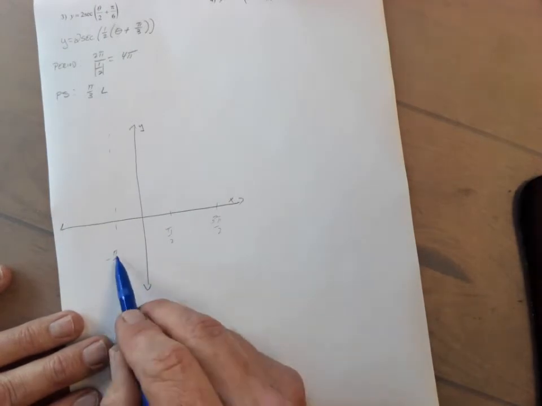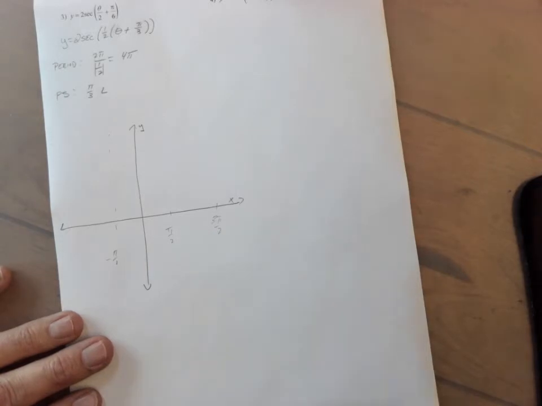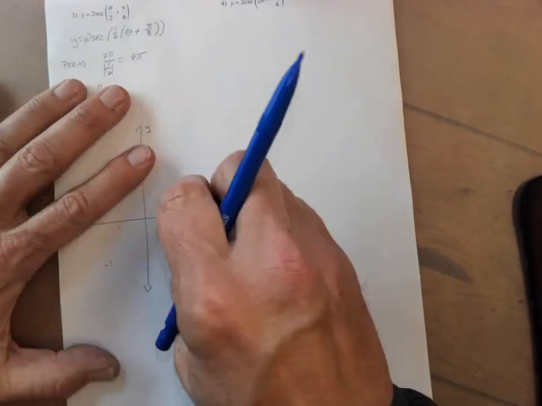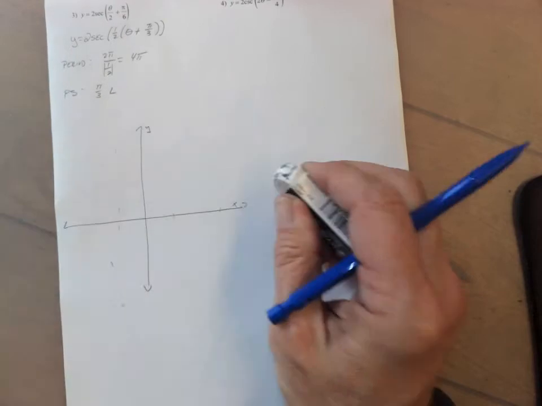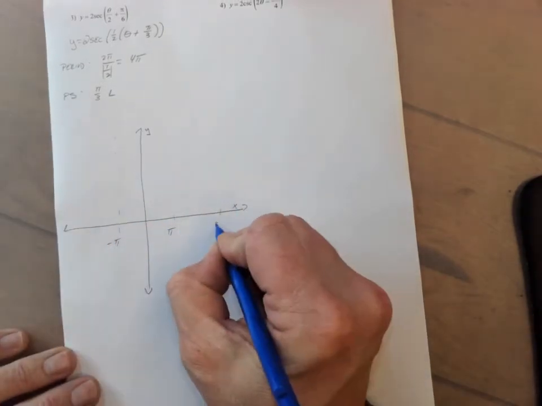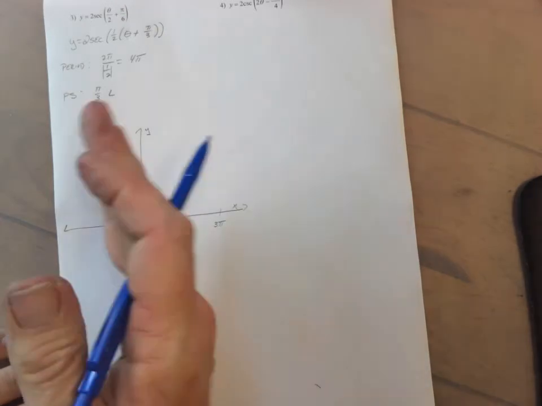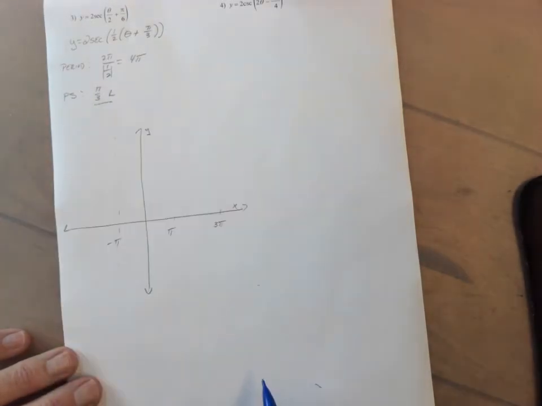So that means I have to go from negative pi, and I would go to here. Instead of 2 pi, that would be 4 pi. So that would give me negative 1 pi, positive 1 pi, and then 3 pi right there would be 4 pi. And now this whole thing gets shifted pi over 3 to the left.